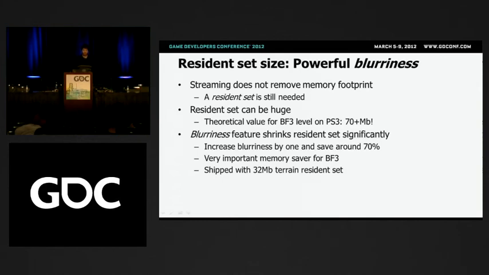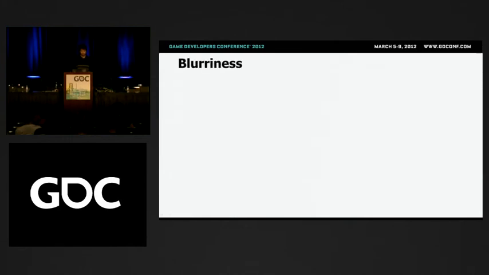Then we came up with a feature that's called blurriness. The name speaks for itself, I guess. It's an integer, starts at 0. If you increase it by one value, you save some 70% of memory by blurring the terrain. This proved to be very important for BF3 to get down from the 70 plus megabytes to 32 megabytes that we ship most levels with.